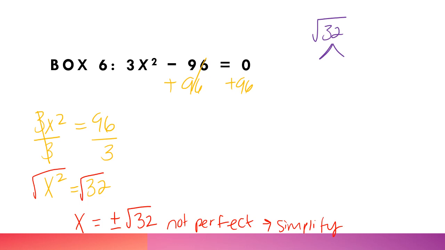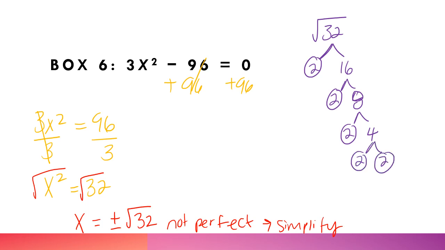So this is one way. One way is to think about the prime tree. And so remember the prime tree, you break it down to all your primes. Remember, a prime is a number that's only divisible by 1 and itself. Okay? So we've broken down our primes.